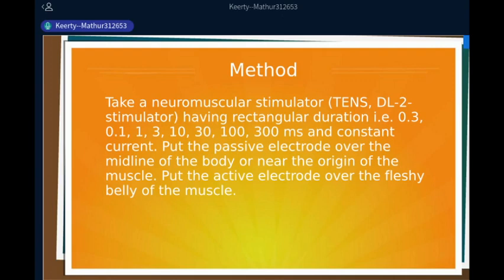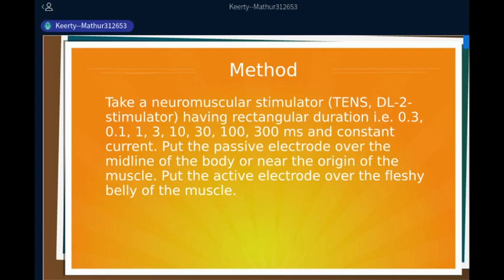Now what we have to do, if we are using a constant voltage stimulator, the variable on the y-axis will be potential, and the x-axis is always the same, duration in milliseconds. So the patient is comfortably seated on a chair and the arm is supported, and then we put the inactive electrode.